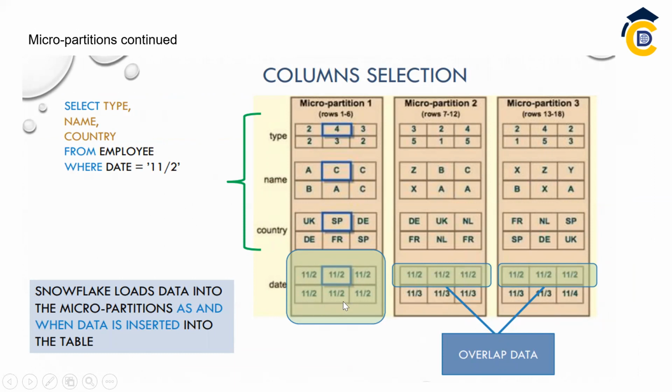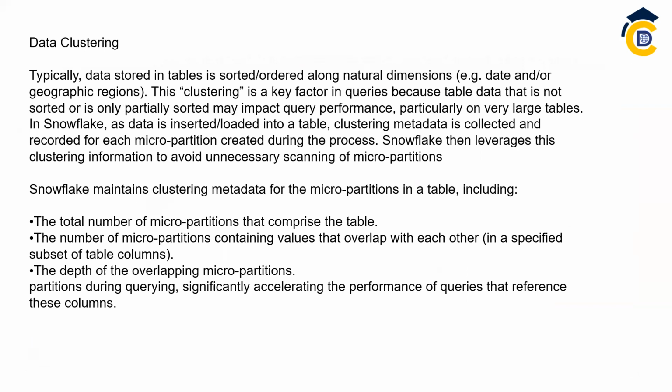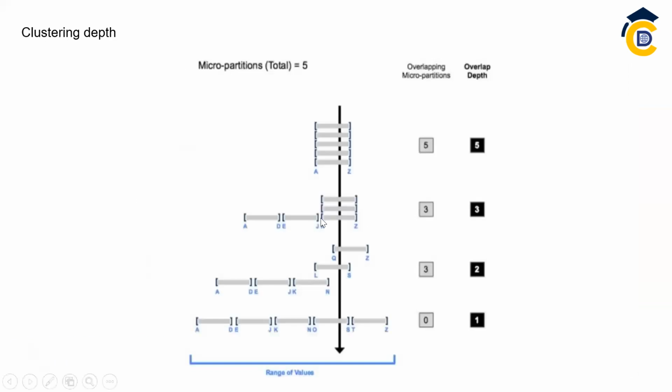Because whatever data is here purely, it is here also, but there are some other values at the end of the micropartitions. There are other values also here. So that is how you have to consider it. If now we go back to the upper one, K2Z, the starting of the range of values is also there in all the 3 partitions, and the end of it is also there.